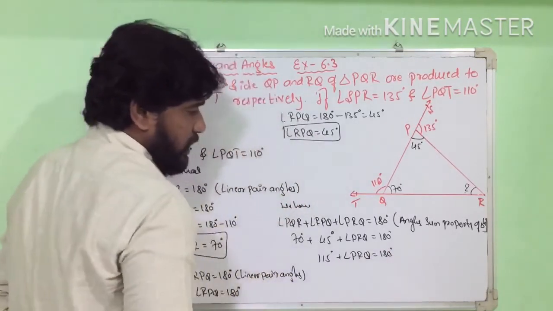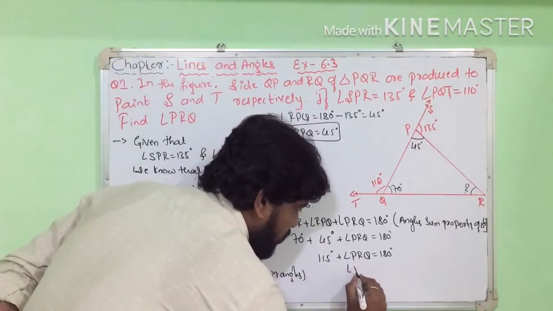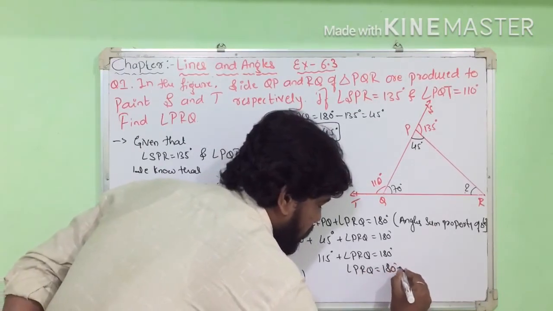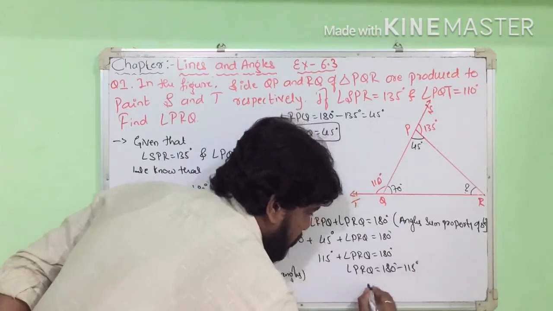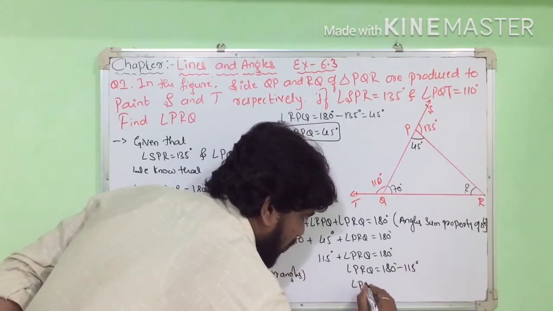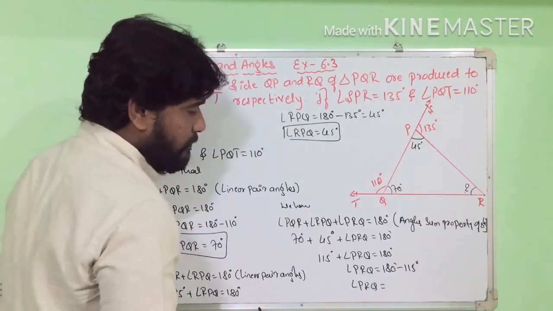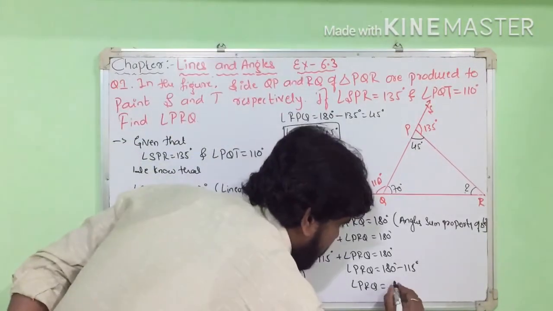It goes to the RHS, it becomes a minus. So angle PRQ is equal to 180 minus 115, we got 65.